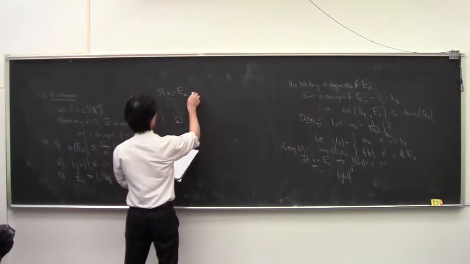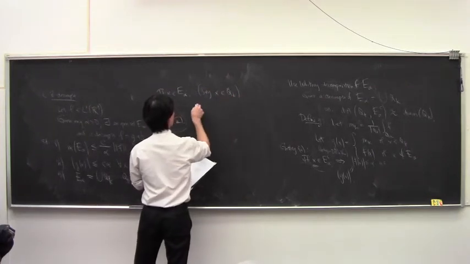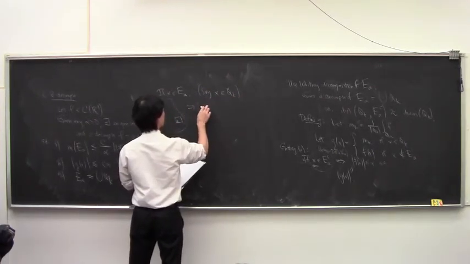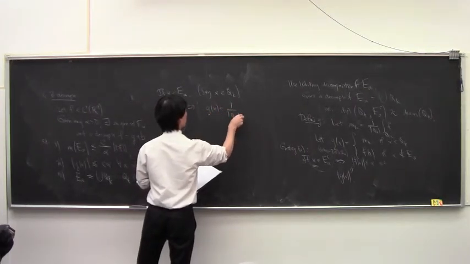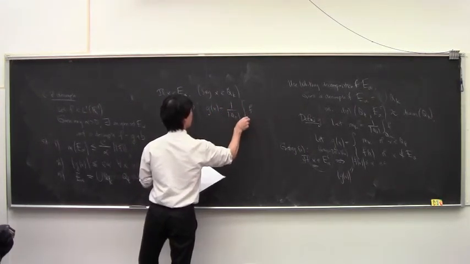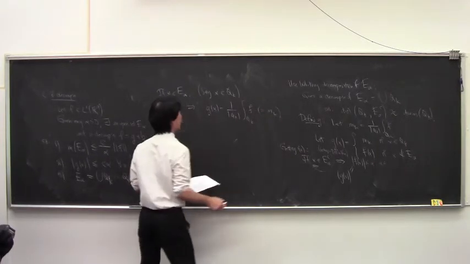Let's say x lies in Q sub k, then G of x is the average of f over that cube. That was your M k.